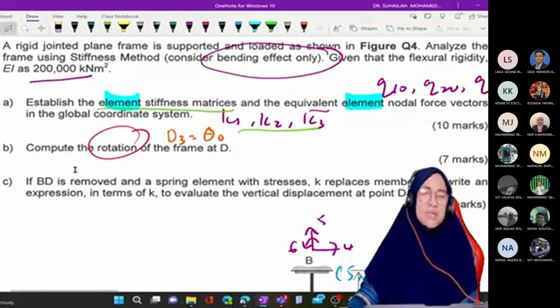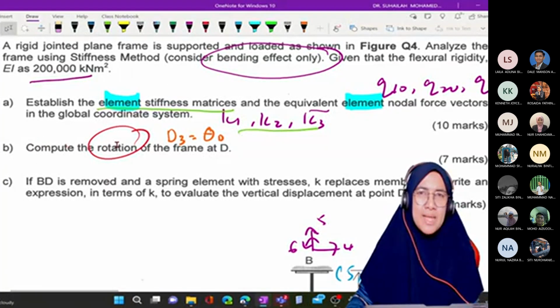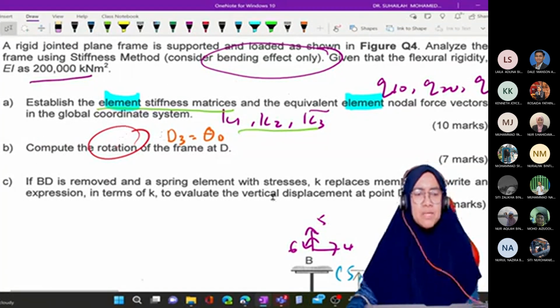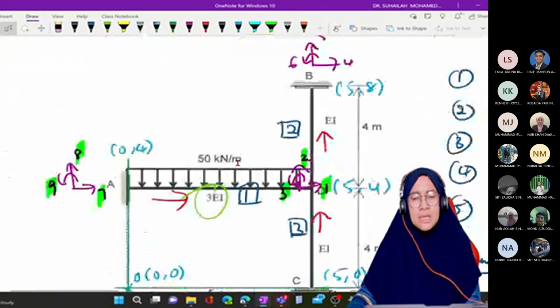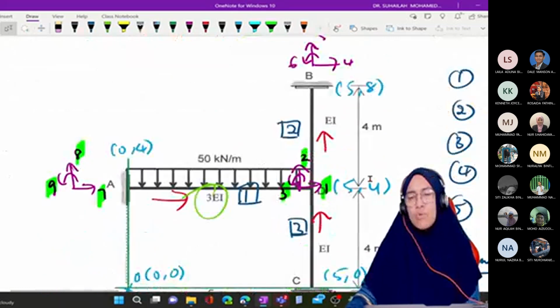Okay, move to question B. Compute the rotation at D. We only have one rotation at D because A, B, and C are constrained.